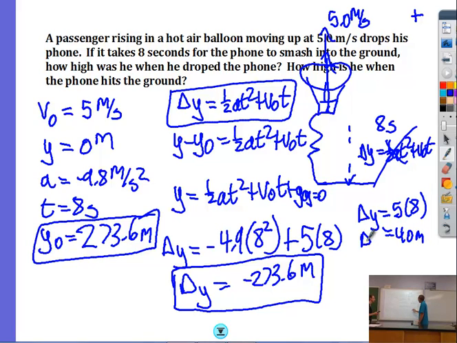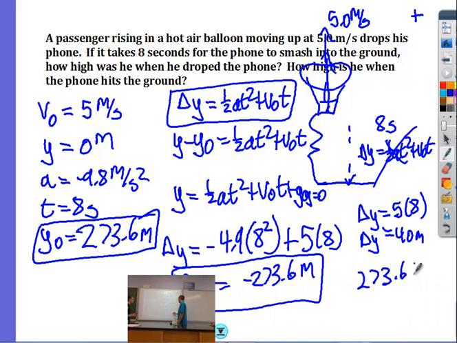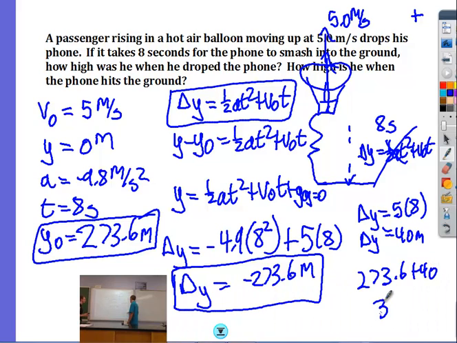So he managed to go another 40 meters while the phone fell to the ground. So if he was at 273.6 when he dropped it, and now he's another 40 meters higher, 273.6 plus 40 is 313.6 meters above the ground. That wasn't so bad. A lot of times you can divide a problem up into 2 time intervals to help you out if you need.